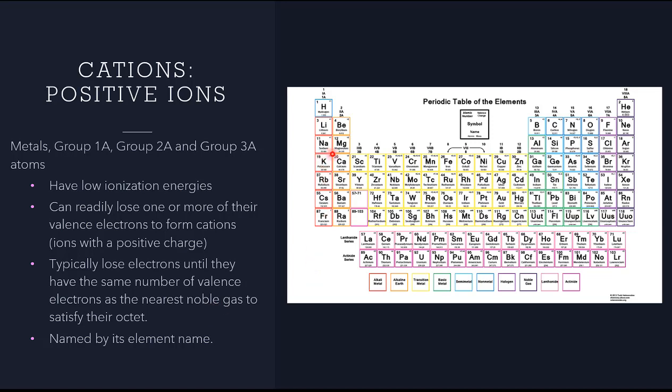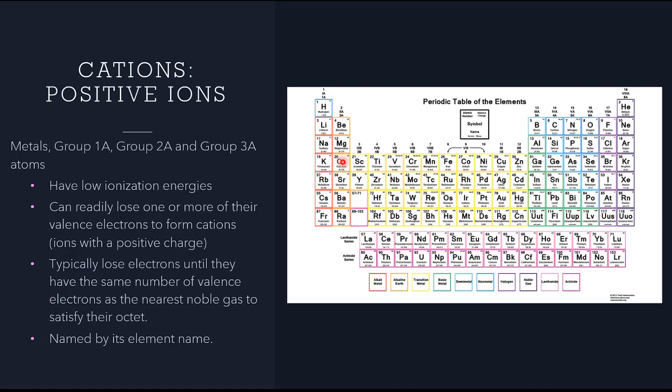So for example, if we are talking about calcium, calcium has 20 electrons, but if you do the electron configuration, you will see that there's only 2 electrons in its outermost energy shell. So it has 2 valence electrons. Remember, we can look at our group number. Our group number is 2A, meaning we have 2 valence electrons in calcium.